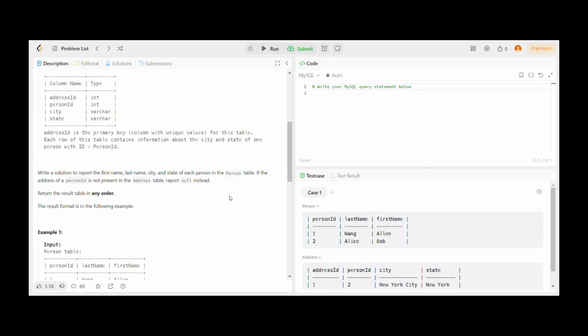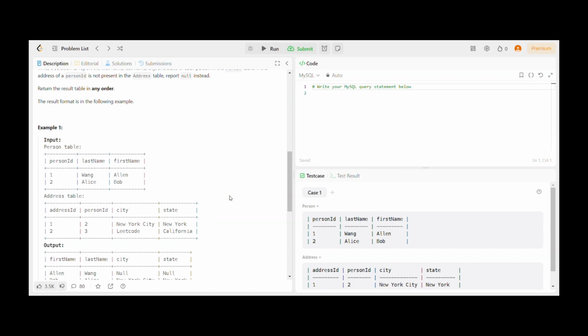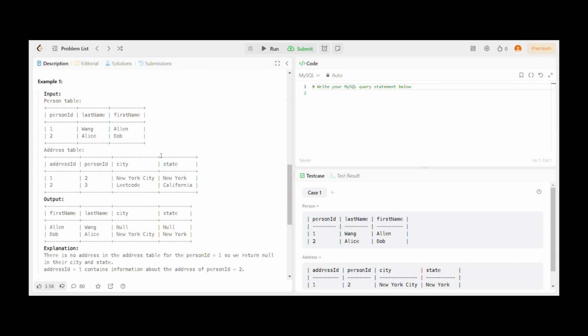So now what do you think, what approach should be used here? Let's have a look at the example first so you'll understand it more. We have the person table and the address table. In the person table we have person ID 1 and person ID 2. In the address table we have person ID 2 and 3. So person ID 1 is missing from the address table.